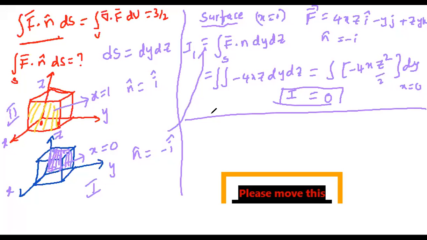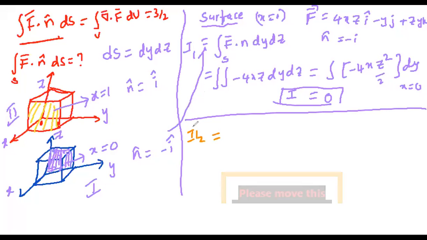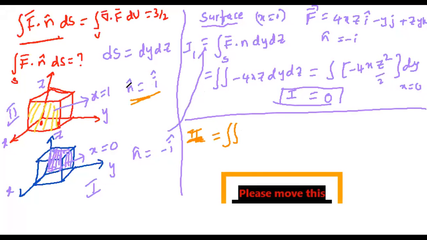Similarly, I have to do the same thing for I2, the second surface, or you can say the second plane. Second plane also, you can write it the same, except for the minus sign, right? Because what is n cap? Plus. For the second one, how much is n cap?